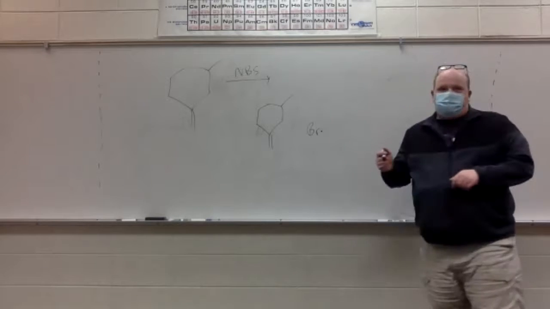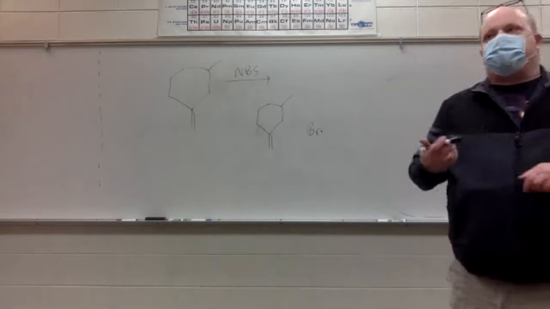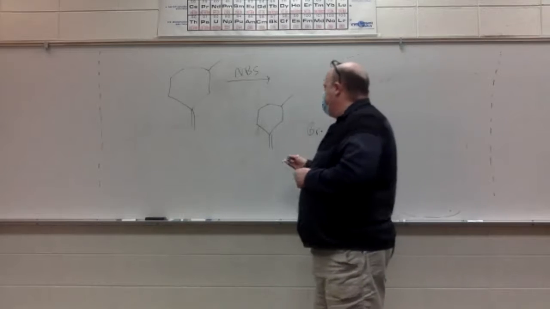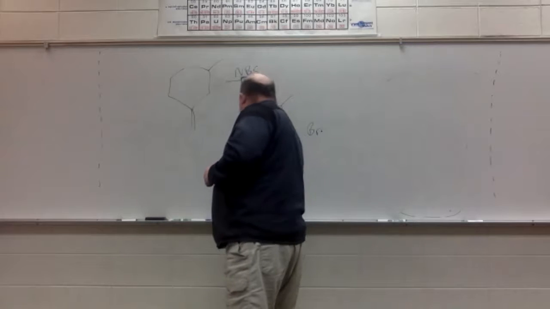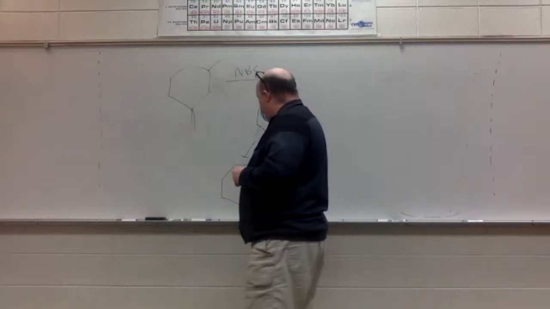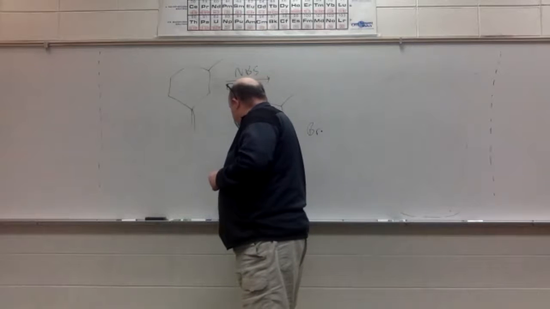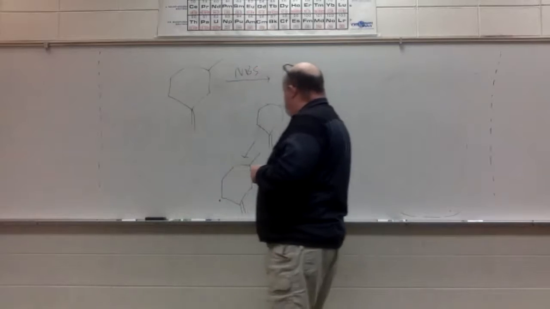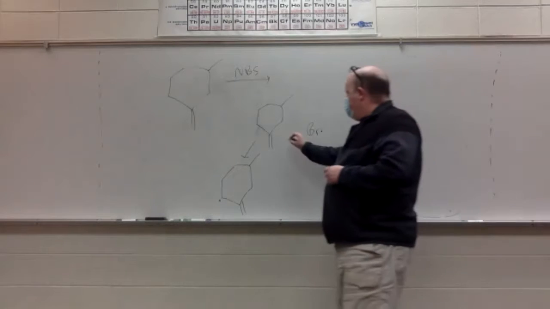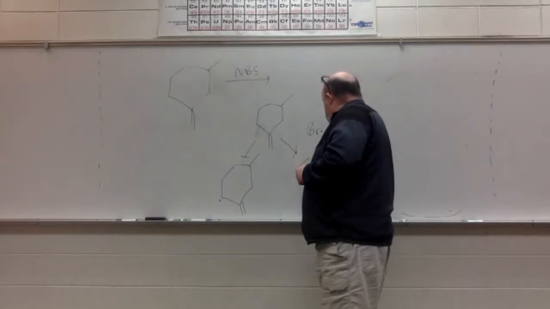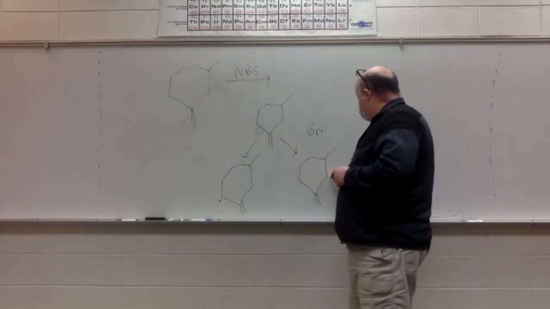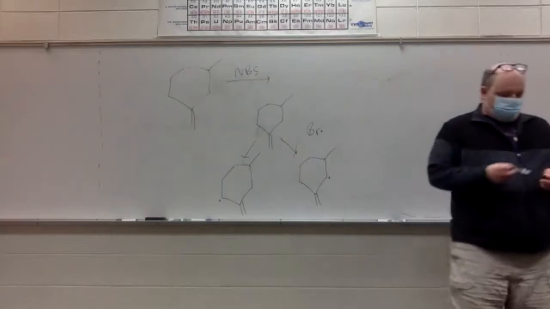Now, sometimes you'll only attack one of them, but sometimes you'll attack both of them, right? Again, look at the possibilities. You could abstract the hydrogen off that carbon, or you could abstract one off of that carbon.